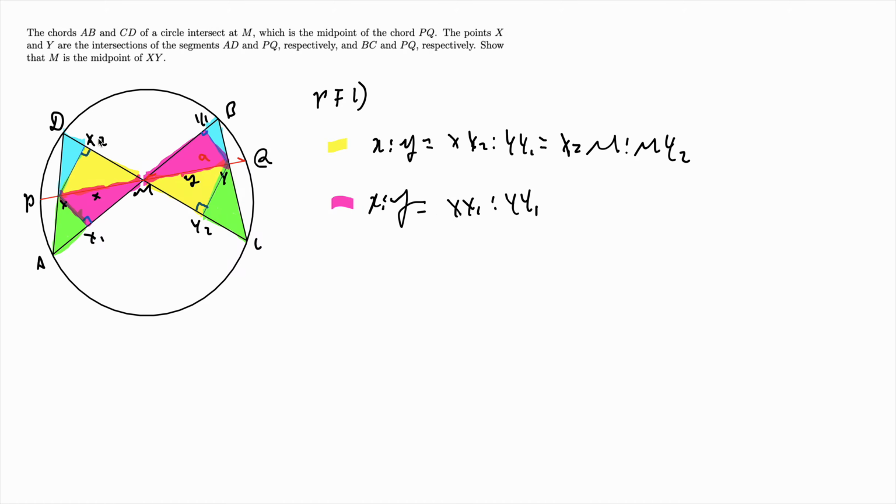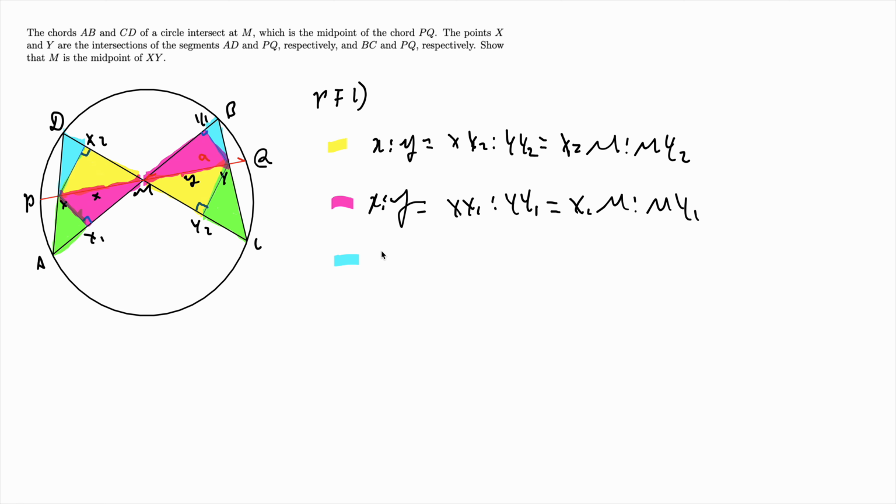x sub 2, y sub 2. Sorry, I accidentally... This equals x sub 1 to y sub 1. And now the next one is this color.